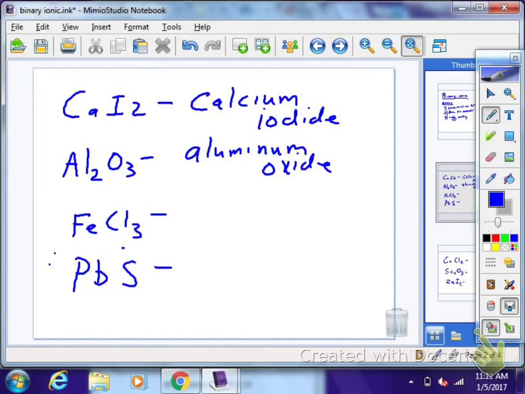It's overall going to be a -3, but what's 1 chlorine's charge? -1. Everybody see where they can find that on your periodic table? It says chlorine can be a plus or minus 1, 3, 5, 7. So it's a -1. There's 3 of them, which means it's an overall negative charge of a -3.